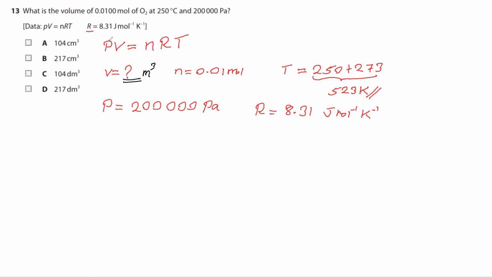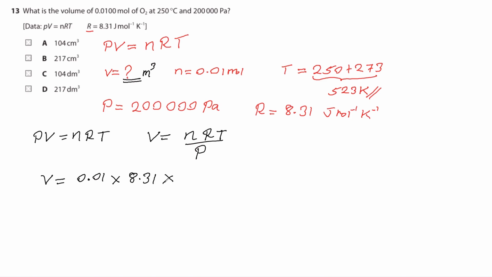Let's do the math. I want us to find the volume. If PV equals nRT, now we want to find V. V equals nRT divided by pressure. So V equals n, which is 0.01 number of moles, R is 8.31 universal gas constant, T is absolute temperature 523, divided by pressure, 200,000.